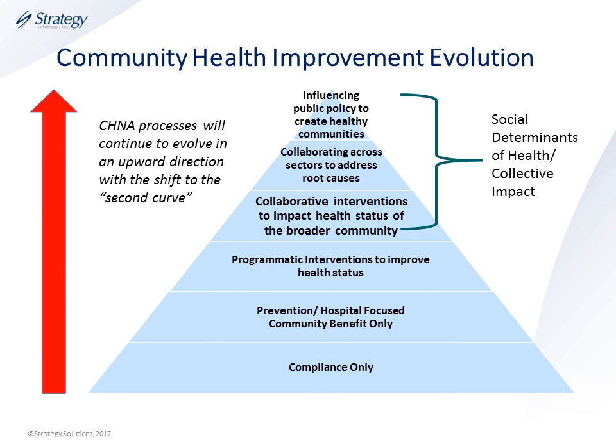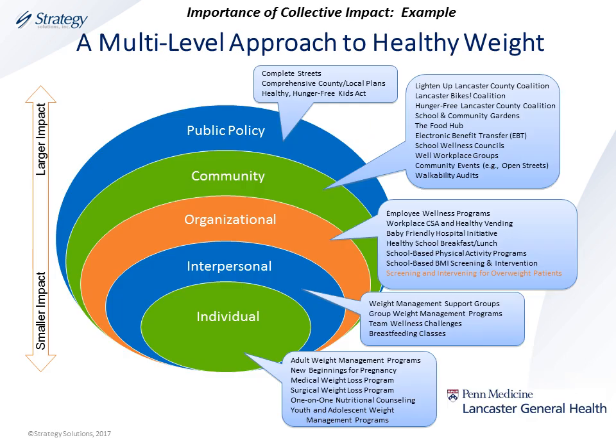Where are your strategies on this evolution, and are you doing anything collaboratively to impact the health status of the community? Because we want to be able to capture the outcomes and impact of those things as well. I mentioned earlier that we would be looking at those efforts that might have some type of collective impact, because this is an important question to ask yourself as you start your data collection.